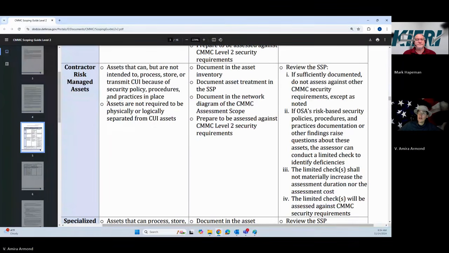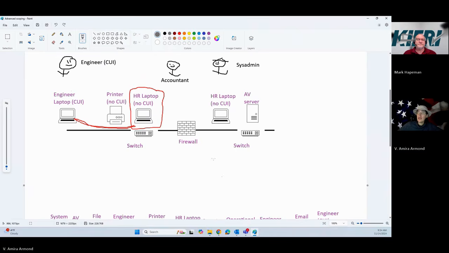So they are basically saying that if you've got other assets next to CUI, they are considered contractor risk managed assets. Now, the way that you make it not a contractor risk managed asset is you put it on the other side of a strong boundary.